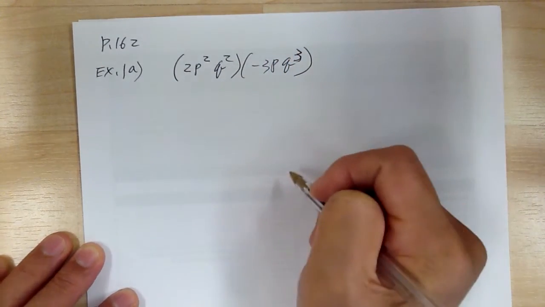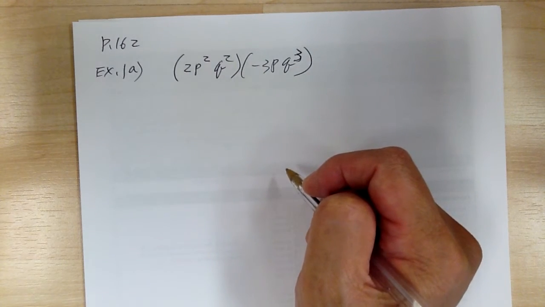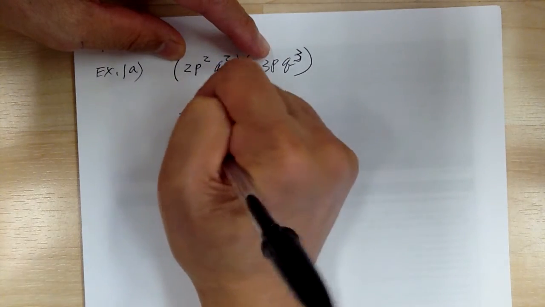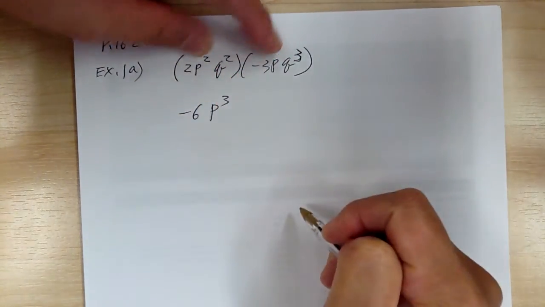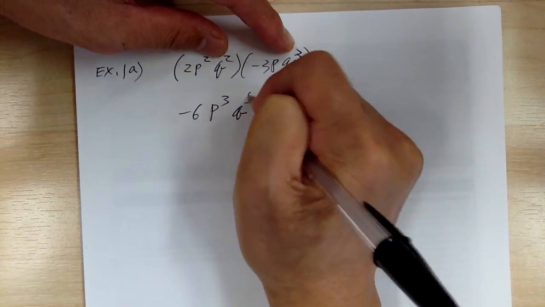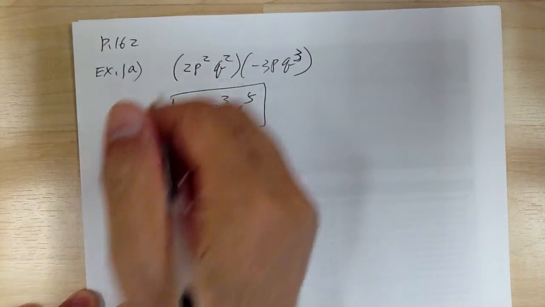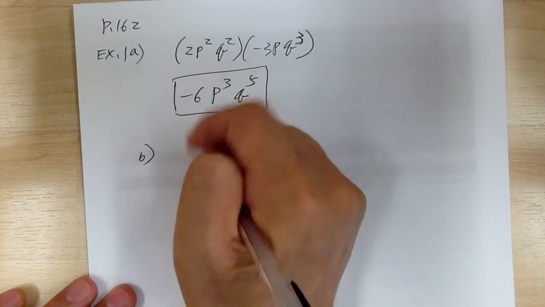So when you multiply, you just go down the number, then alphabet, and then the group, right? So 2 times negative 3 is negative 6. p squared times p will be p to the 3. q squared times q to the 3 will be q to the 5. Right? And that's it. Again, very simple. You did this a lot in Algebra 1 already.